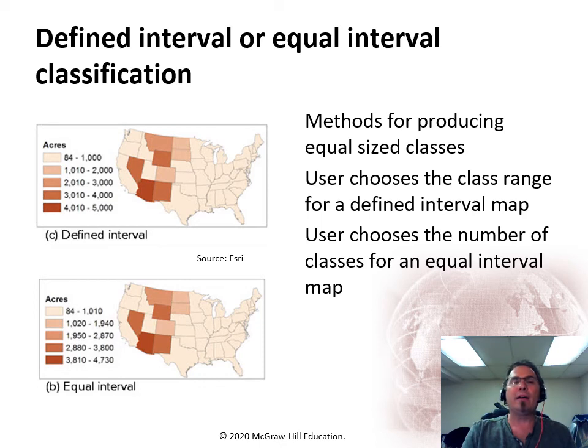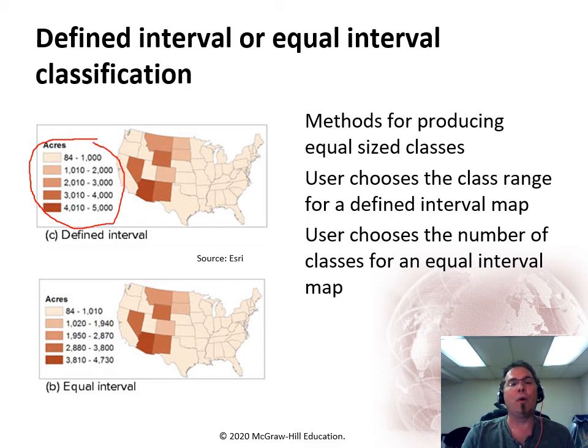So the defined interval or equal interval classification puts everything into equal size classes. You can change the ranges for it, and the user chooses the number of classes for each. You could think of this as sort of the manual method, and sometimes that does help. Especially, you'll notice if you look at the numbers in here, these are really nice round numbers.